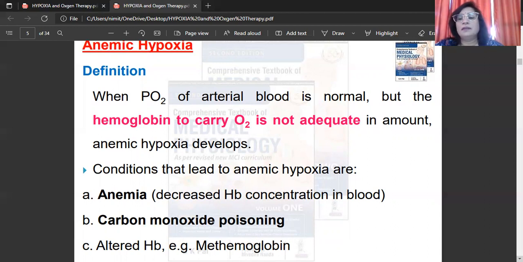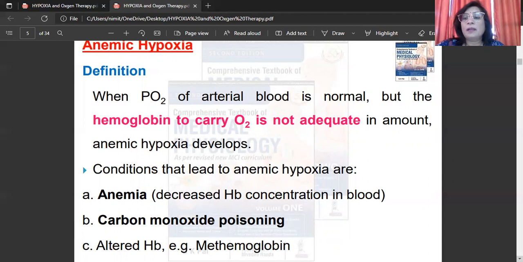This will lead to another condition, carbon monoxide poisoning. This will also lead to anemic hypoxia. Then altered hemoglobin, the conditions which cause alteration in the hemoglobin.